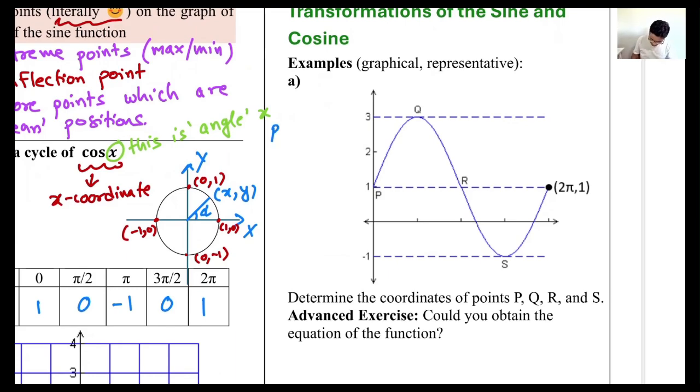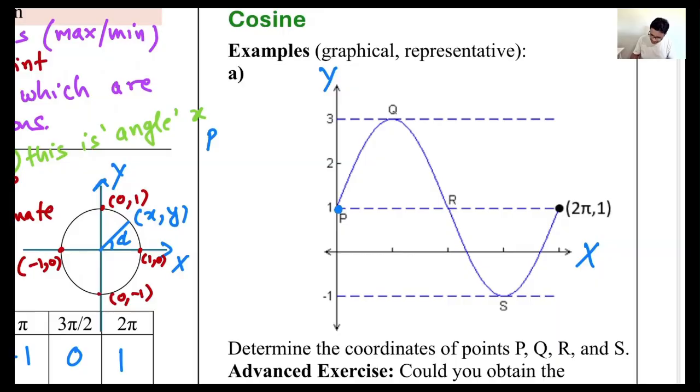Take P. The point is here, and in our graph here is the x-axis, here is the y-axis. It looks like P is on the y-axis at the same height, so its coordinates are 0, 1.